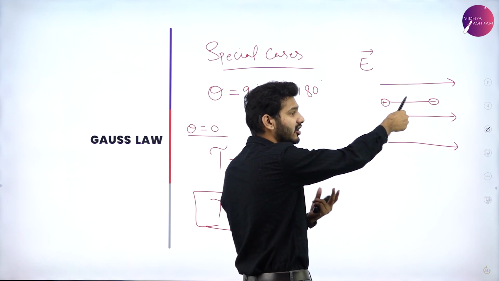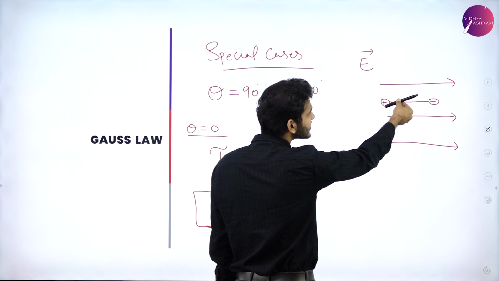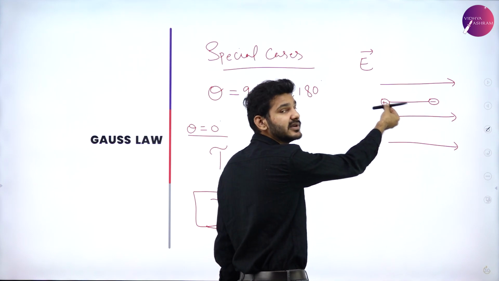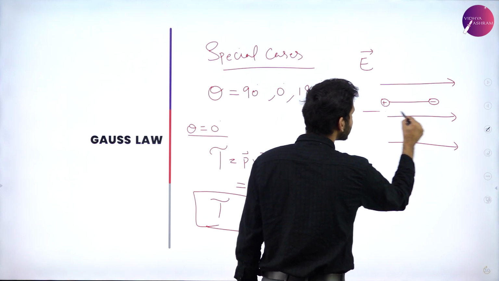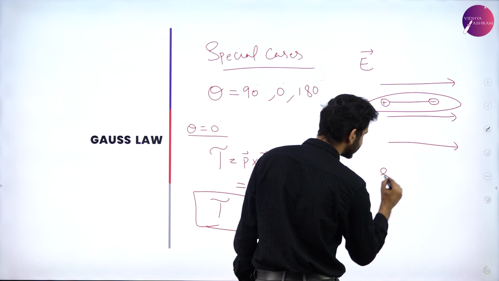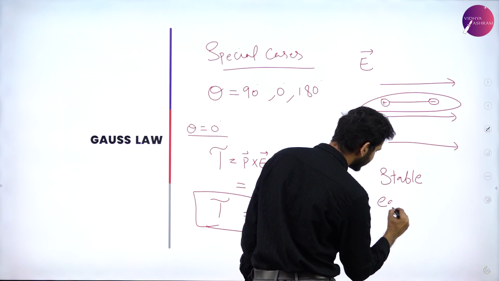So it will align in such a manner that the torque experienced will be 0. And this is the most perfect state for that. Hence, it is known as a stable equilibrium state.